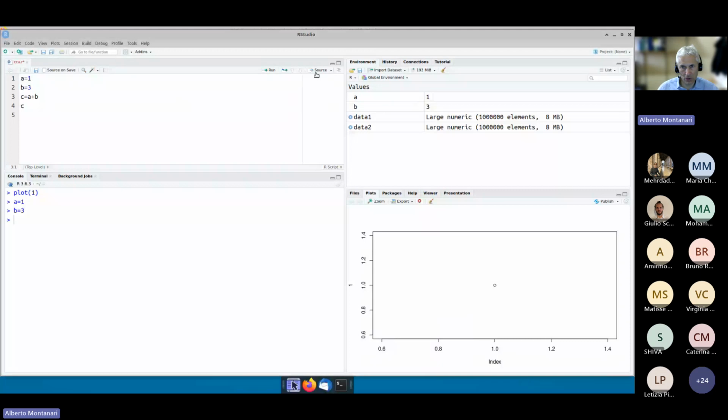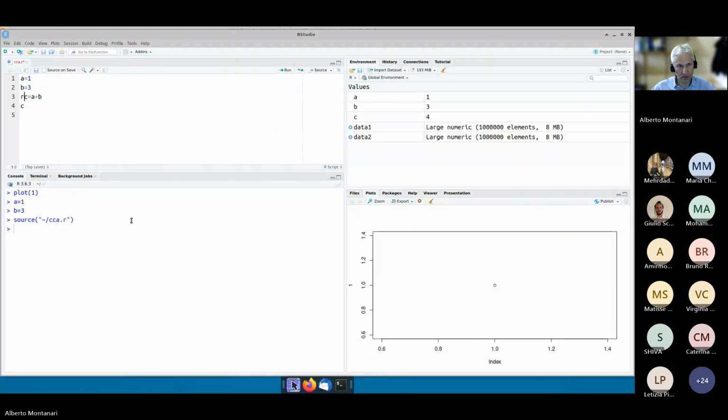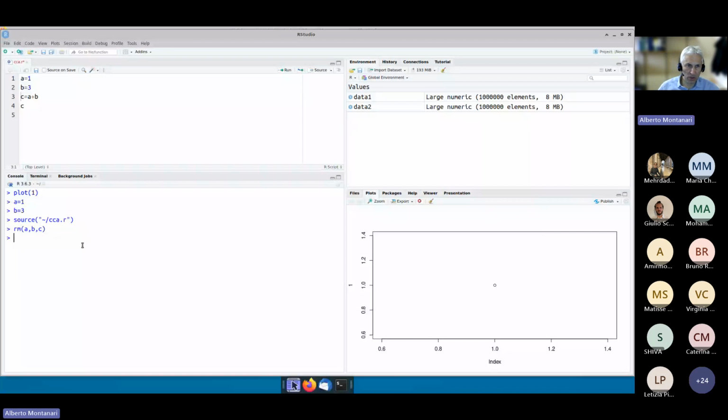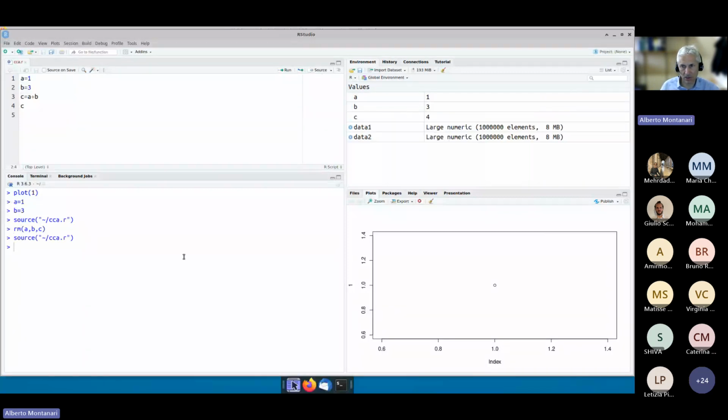Or what I can do is to source the script altogether. Okay, let me click on source. Okay, and you see here that also I got the c value, which means that everything was executed. Okay, if I go to the console, I remove the three variables, a, b, and c, and I want to repeat the script, I go in the script window and I click on source, and that's it, and they are back.